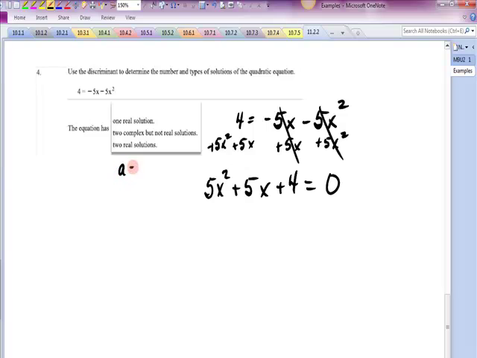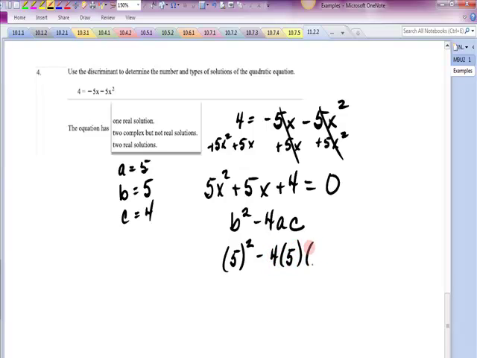So a is 5, b is 5, c is 4. So b squared minus 4ac, that's 5 squared minus 4 times 5 times 4. That's going to give me 25 minus 80, which is negative 55.